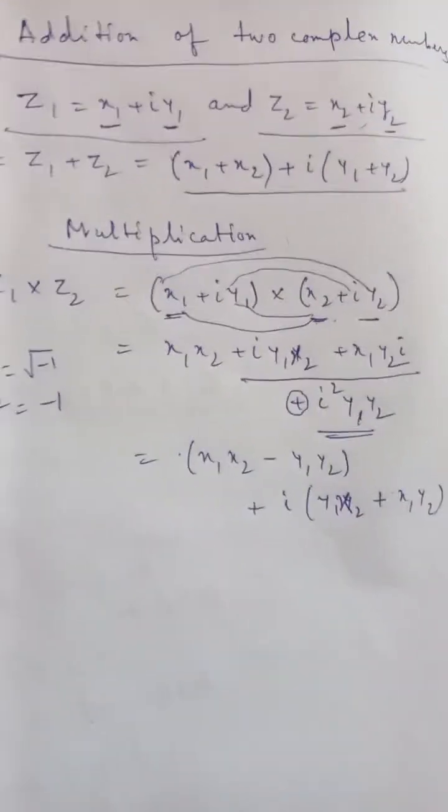So in this way we can multiply two complex numbers.